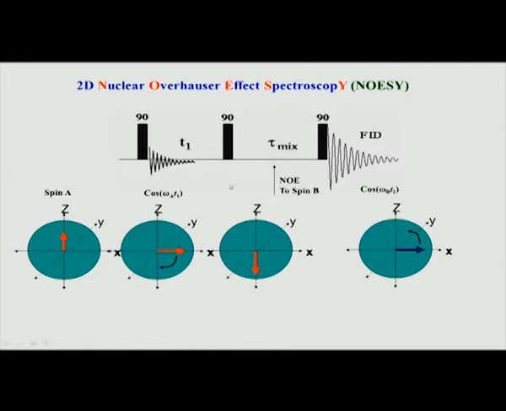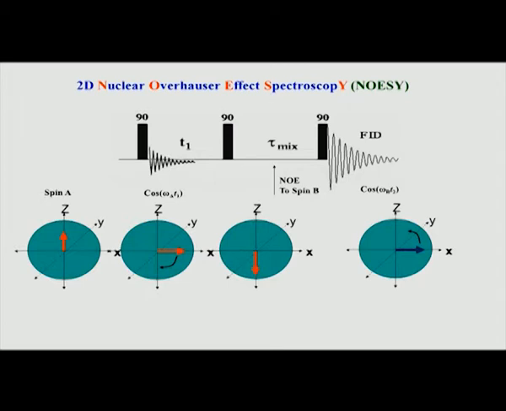So, as far as the analysis or interpretation of NOESY is concerned, we never care for the diagonal peak, we only look at the cross peak. Why is that so? Because the diagonal peak anyway does not have any information, it is only telling me that A remains on A, which has nothing interesting to say, but A going to B is a lot of information, because that tells me that A and B are now close in space by less than 5 to 6 angstrom.